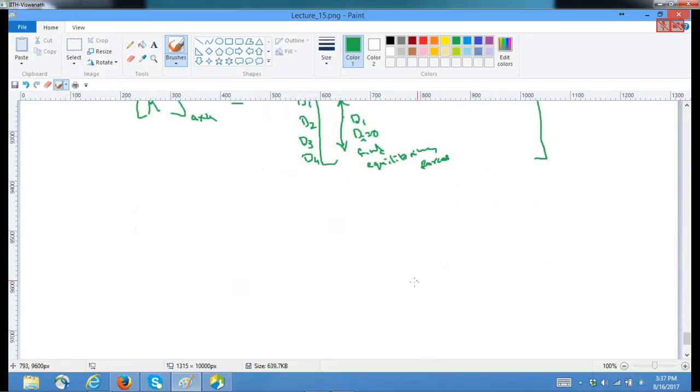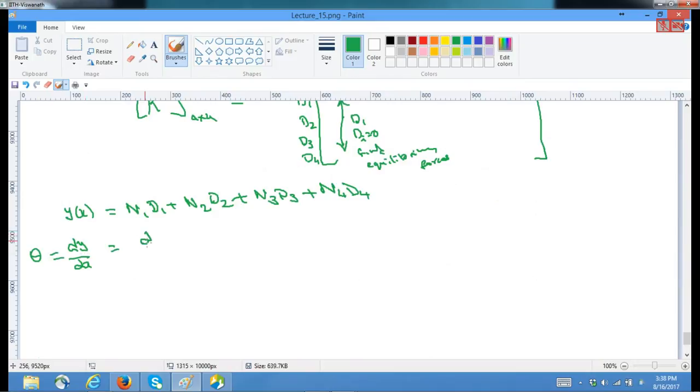Since we already know our Y of X, which we demonstrated earlier, what I will do is take dy by dx, which is nothing but my slope.